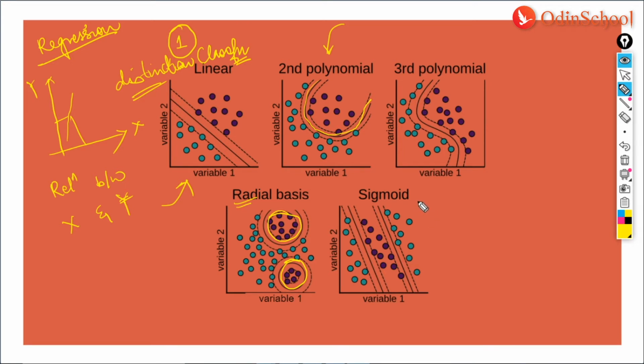And finally, we have one which is sigmoid variant of SVM classification. And guys, in sigmoid, unlike all these variants, we would not be having only one hyperplane, but here we would be using two hyperplanes, and each hyperplane would create one individual border.